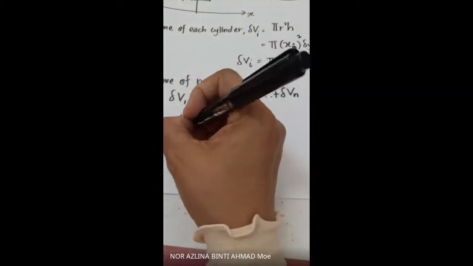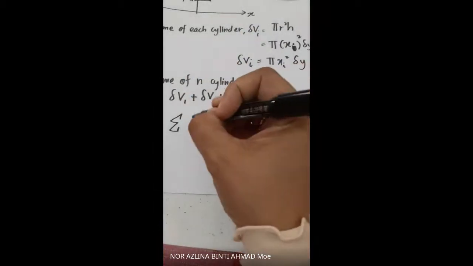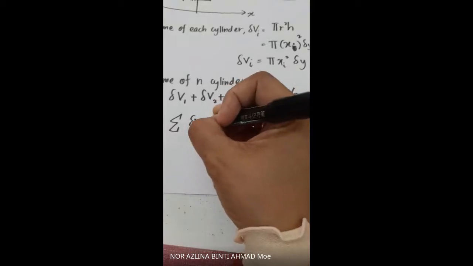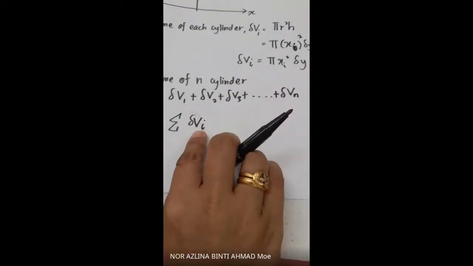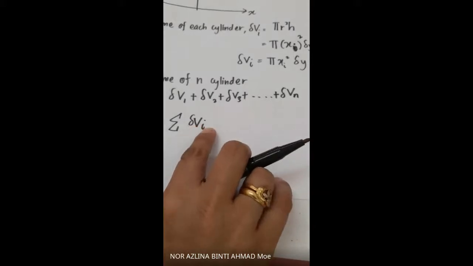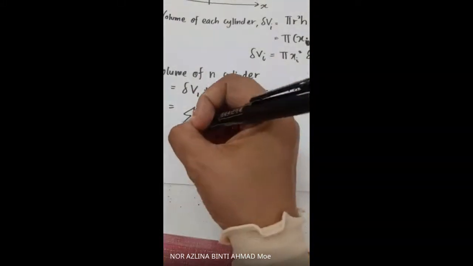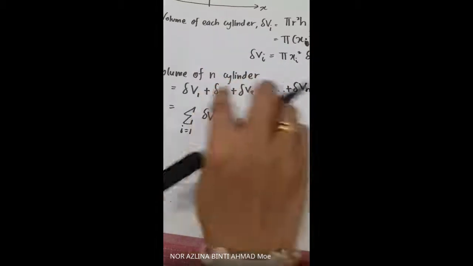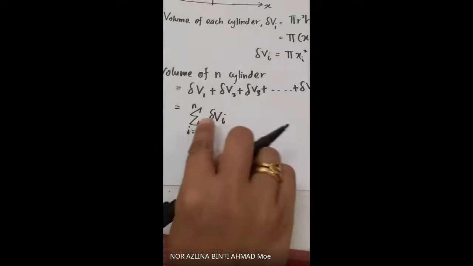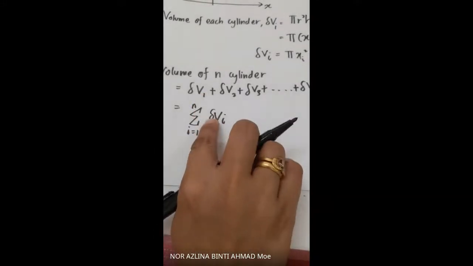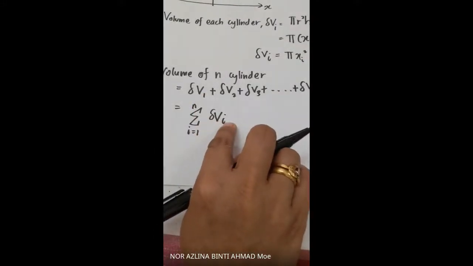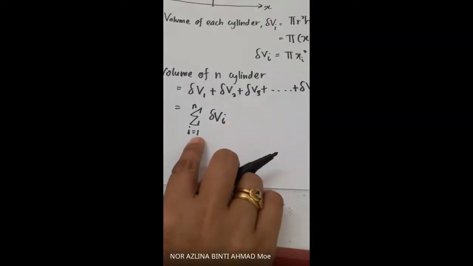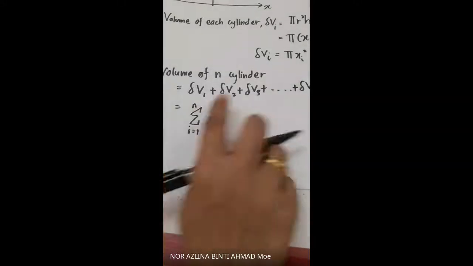The sum of delta Vi, and I start from 1 until N. This is how you write. This is summation of delta Vi, means I equal to 1, start from 1 until N.